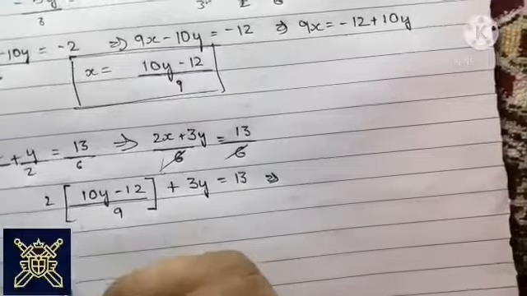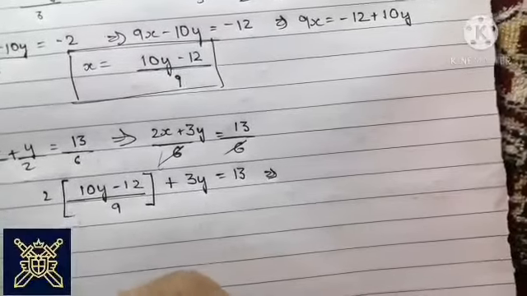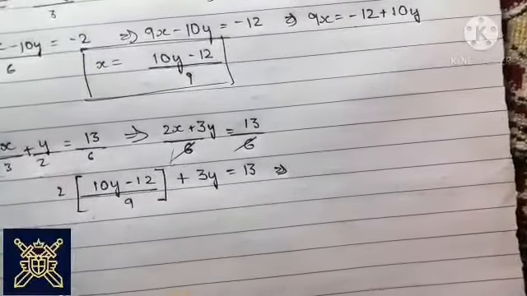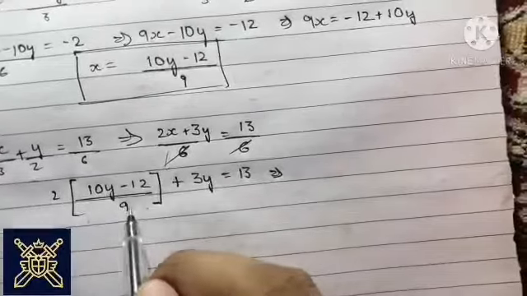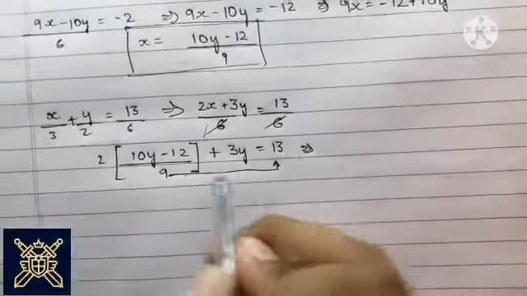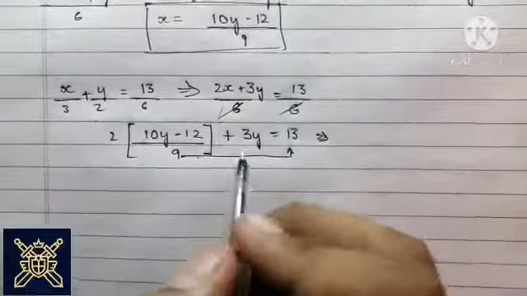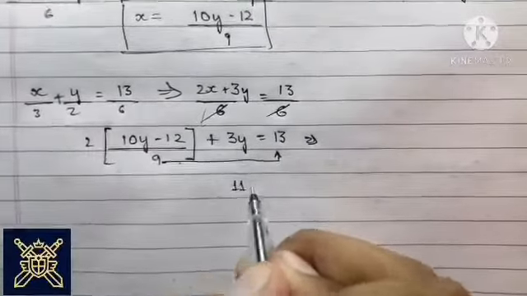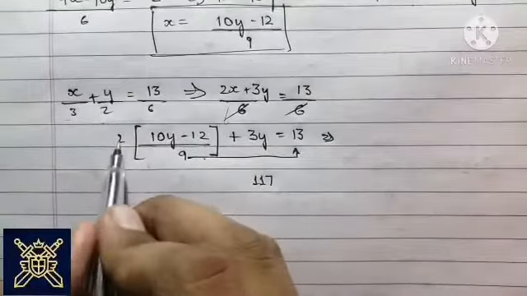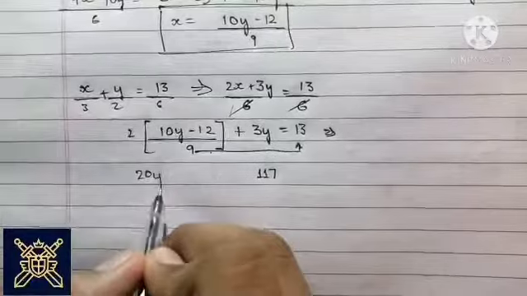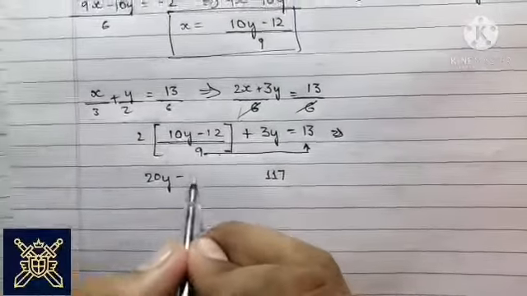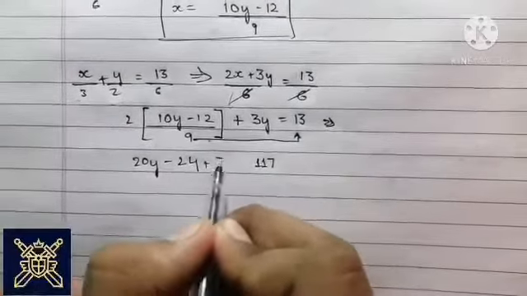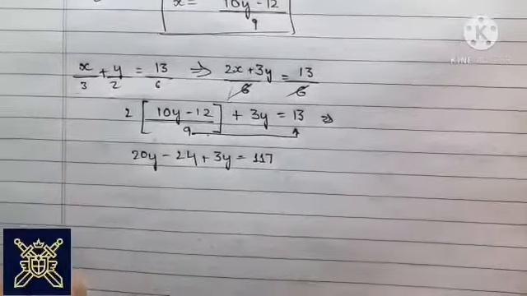Multiply. So what we get is, firstly we'll take this 9 over that side. So we have 9 into 13, that is 117. So our RHS is 117. Now what you have is 2 into 10y, that is 20y, minus 2 into 12, that is minus 24, plus 3y is equal to 117.